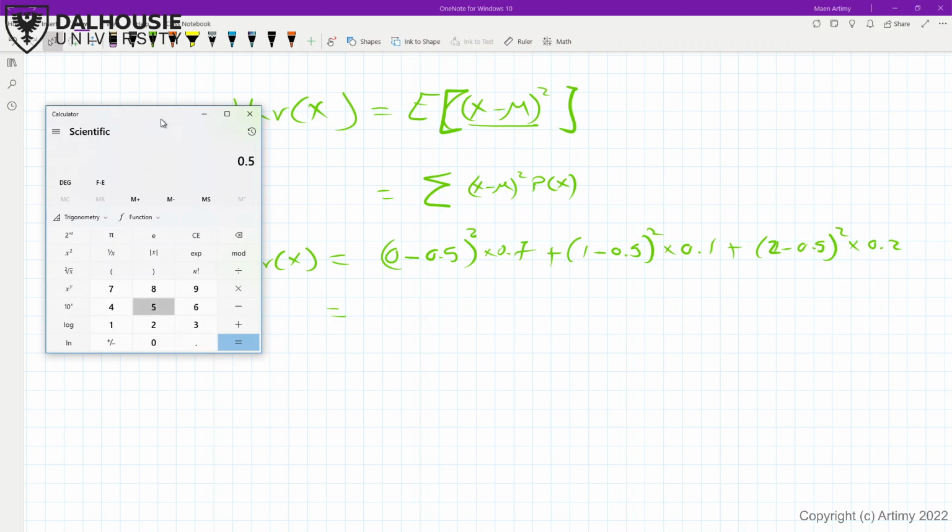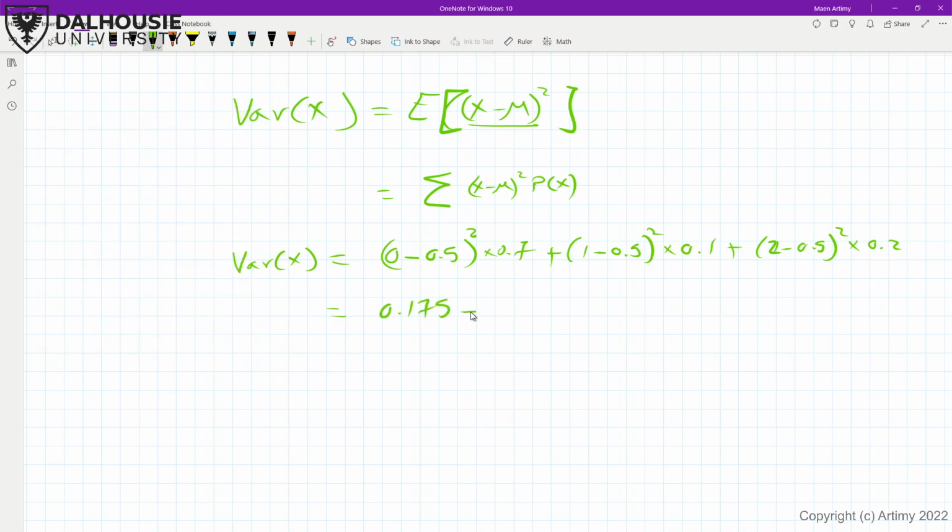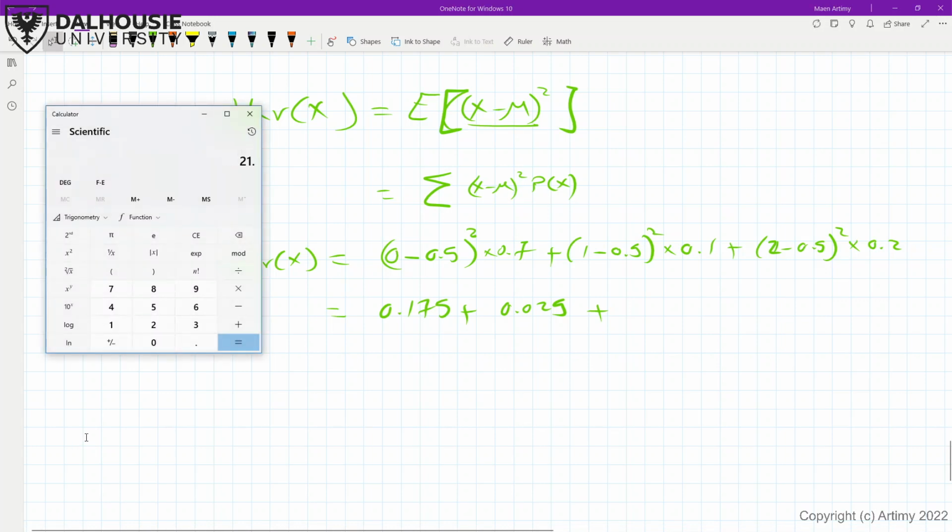So 0.5 squared times 0.7, that's 0.175, plus 0.5 squared, that's 0.25 multiplied by 0.1, so that's 0.025, and this is 1.5 squared multiplied by 0.2, I get 0.45.